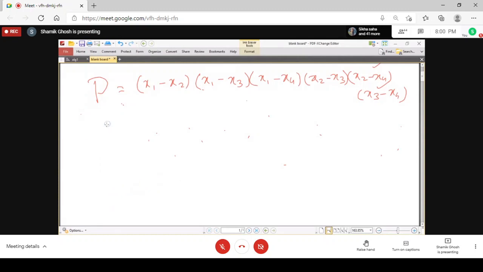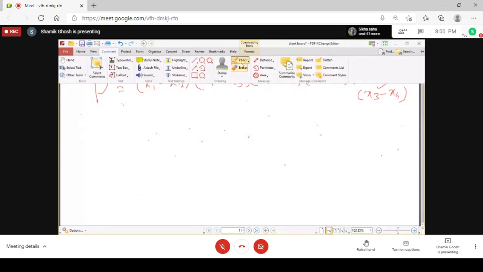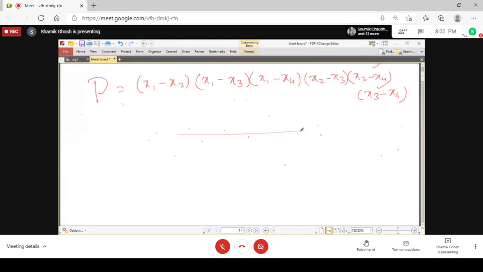So suppose we apply here some transposition ij, and suppose you consider that i is less than j. When you apply the transposition ij, now consider any k that is less than i.